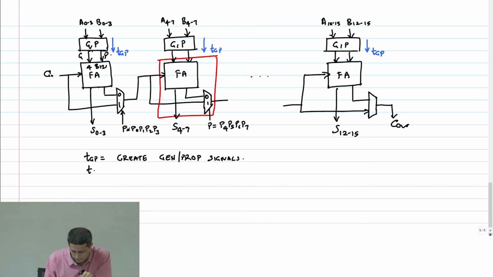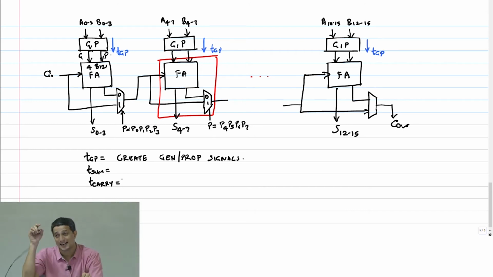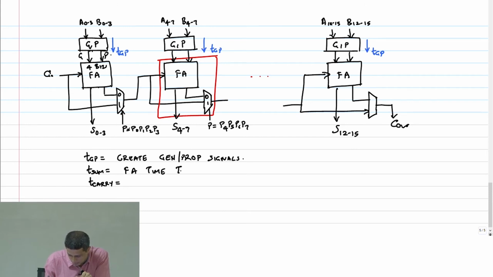Then of course I have T sum equal to basically time to create sum. T carry is at that circuit level for a full adder, how much time it takes to create sum, right? This is full adder time to sum, full adder time to create C out.